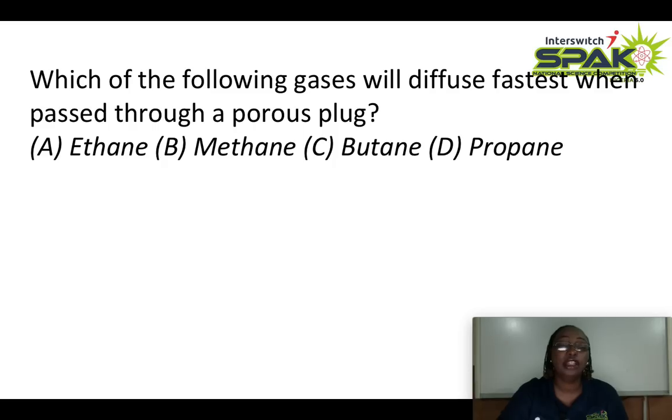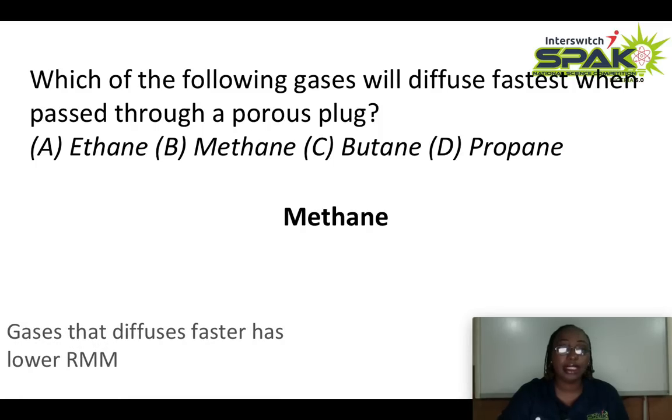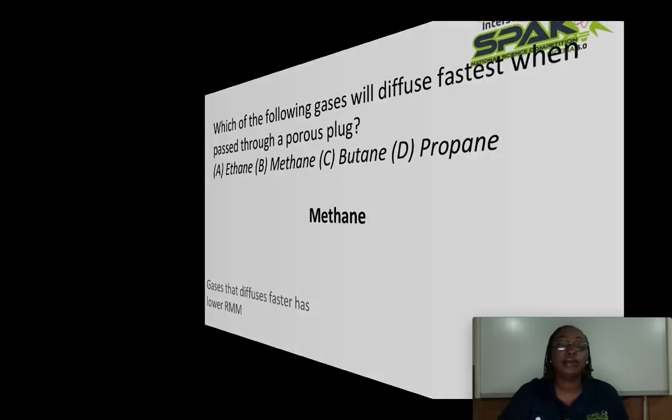You calculate the relative molecular mass of each, and the lightest one should be methane. That's 16. The others are much bigger than methane. So one of the factors to consider in diffusion is the mass of the gas.